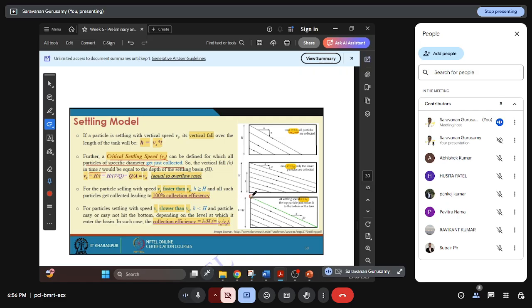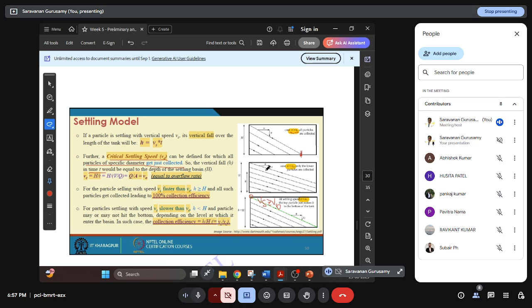Here t is the detention time, the time the water takes to travel from inlet to outlet. Before this time, the particle will settle to the distance of h. Then only it will be removed from the system. So that needs to be equal to the overflow rate. That's the critical settling velocity, and it needs to be equal to the overflow velocity. Then all the particles are removed. If the settling velocity is greater, then all the particles are removed even earlier.